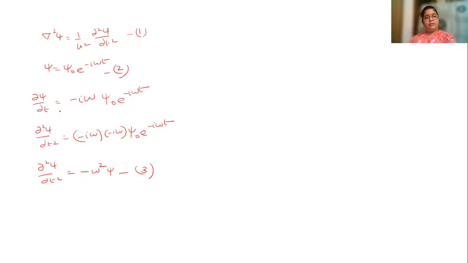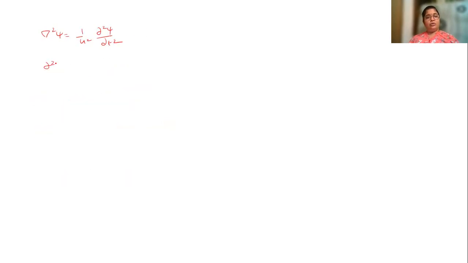So I have del square psi is equal to 1 by u square dou square psi by dou t square as my equation 1, and as my equation 3 I have dou square psi by dou t square is equal to minus omega square psi. So I am going to substitute this in equation 1. What do I get here?